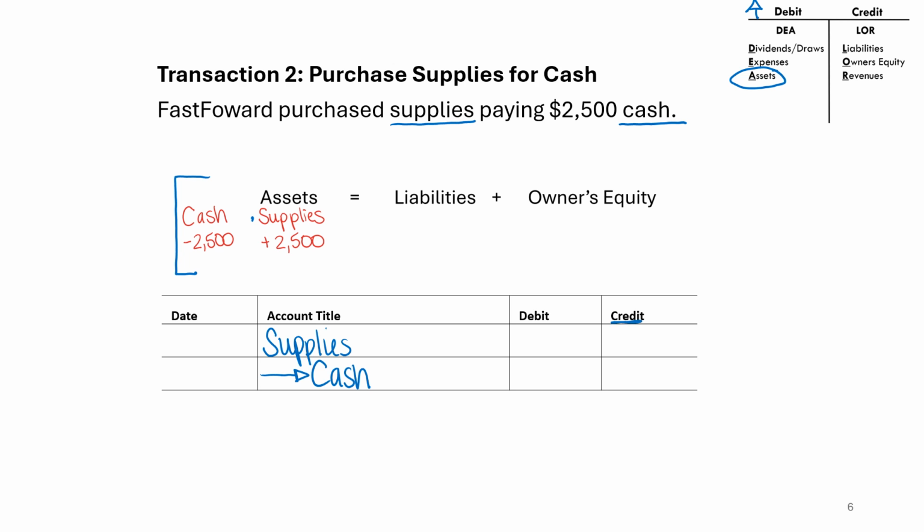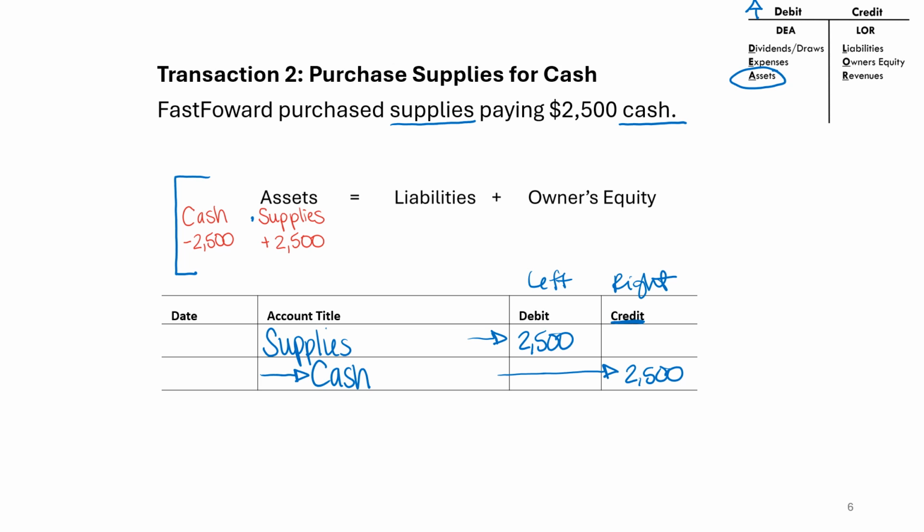That's because the credit amount is indented. So you put your debit amount here and then your credit amount is indented, because debit means left and credit means right. So the amount of the transaction is $2,500.